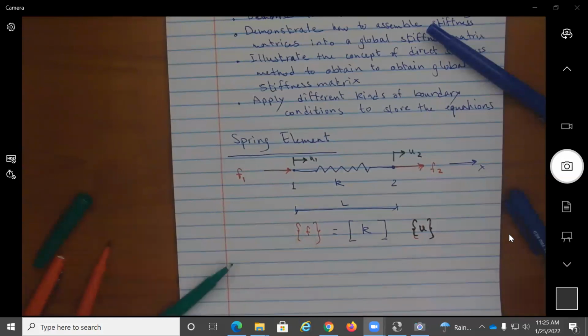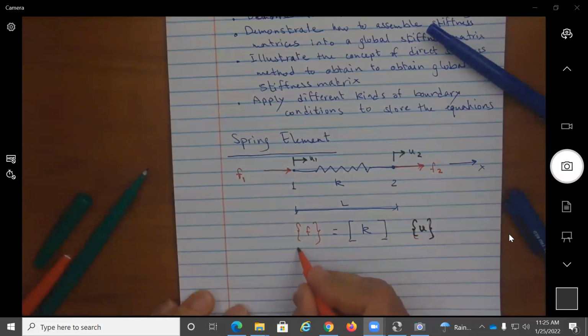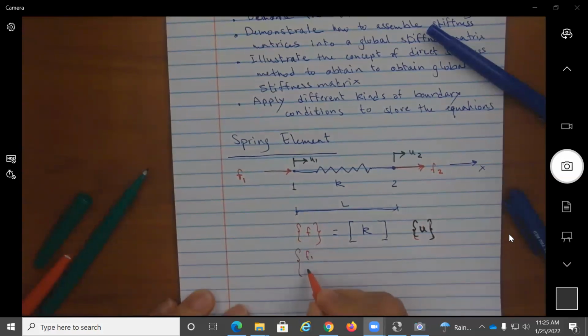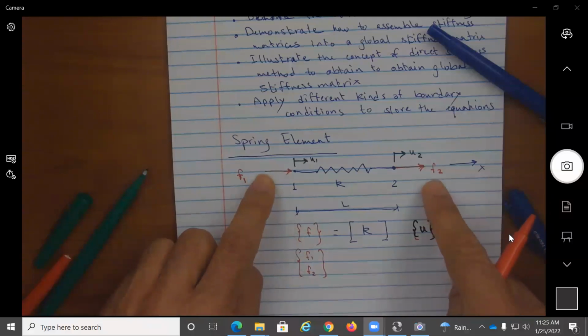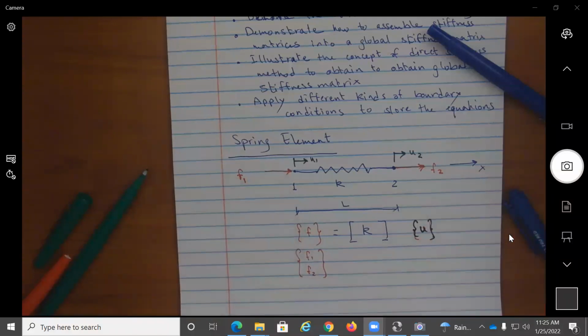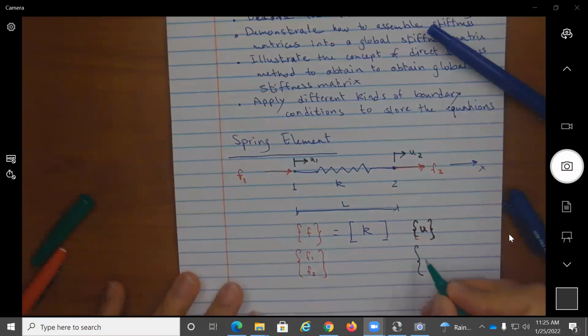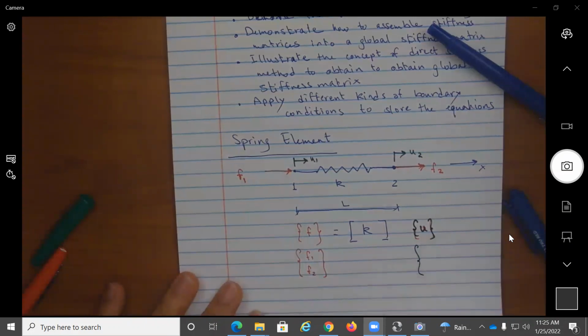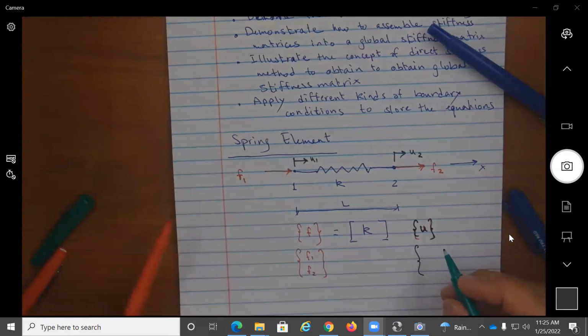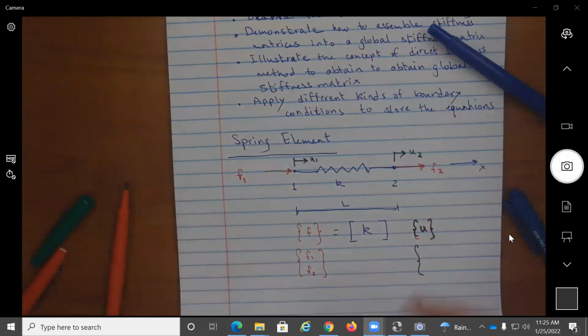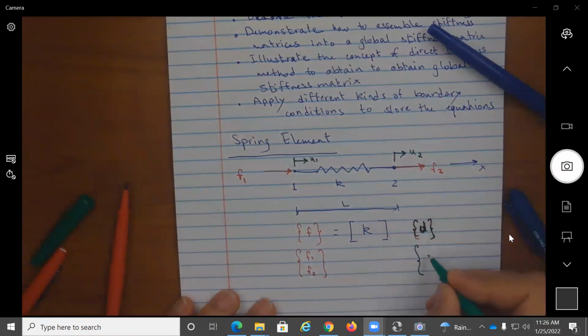I can expand and say this F is F1 and F2, a column matrix of the element nodal forces. And U is a column matrix of the displacements, and maybe I can call this D, that would have a U1 and a U2.